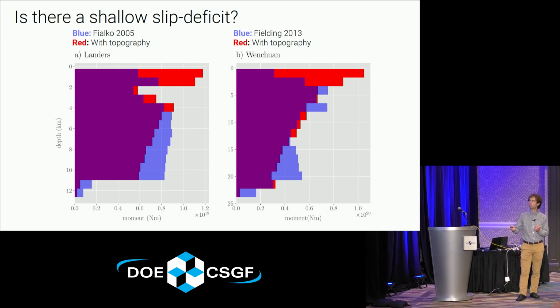Similarly, with the Wenchuan earthquake in China, you can see there's a lot more slip at depth than near the surface. So in both these cases, essentially, by adding topography to our models, our inferred slip moves from deeper portions of the fault to shallower portions of the fault.